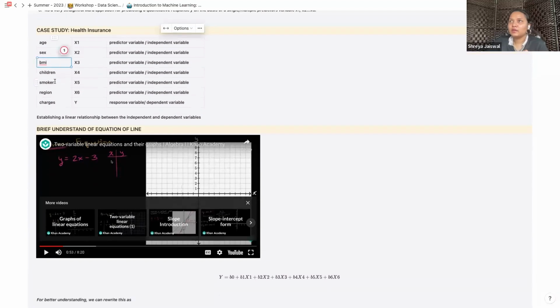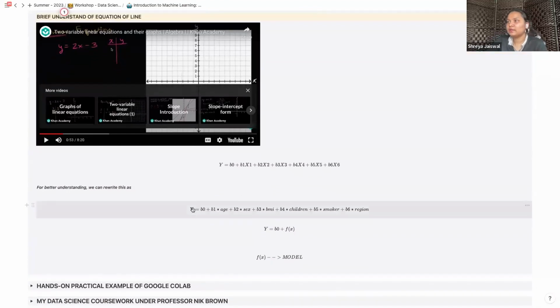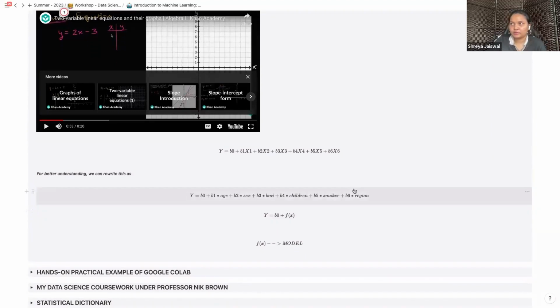So in that case, my equation would look like y is equal to b0 plus b1 into BMI. I wouldn't have any of the other features here.